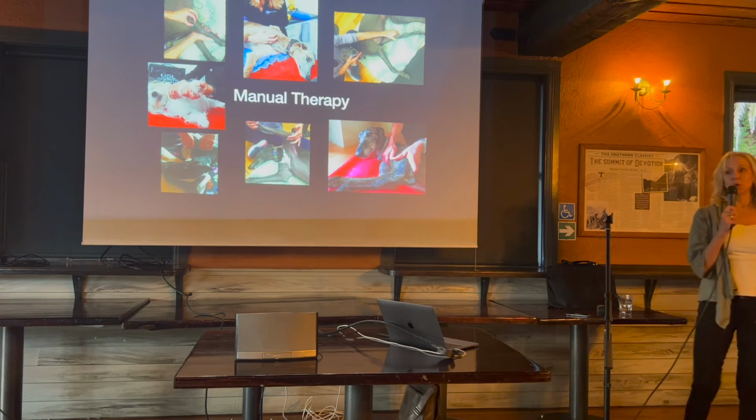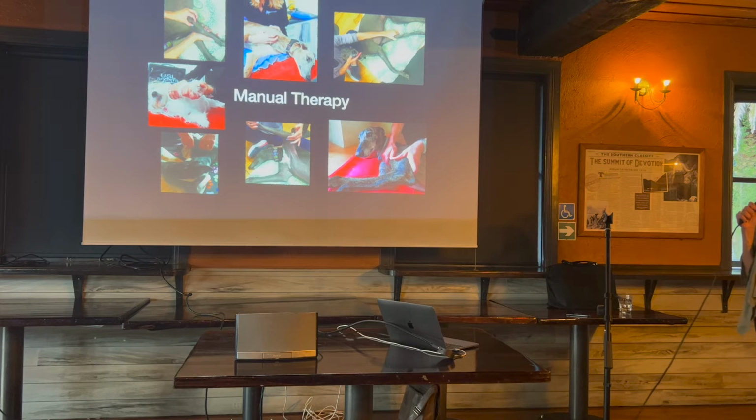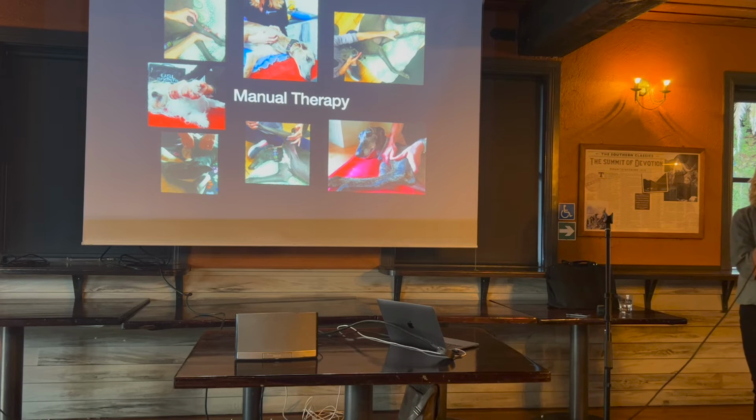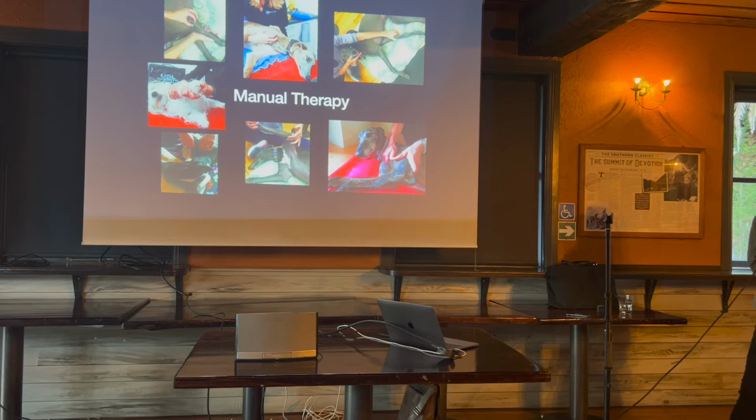And then we do manual therapy. So we do massage to try and improve circulation, improve the elasticity of the muscles and tendons. Then we'll do joint mobilizations. And this is when we're working with those arthrokinematics in the joint to try and improve their mobility.